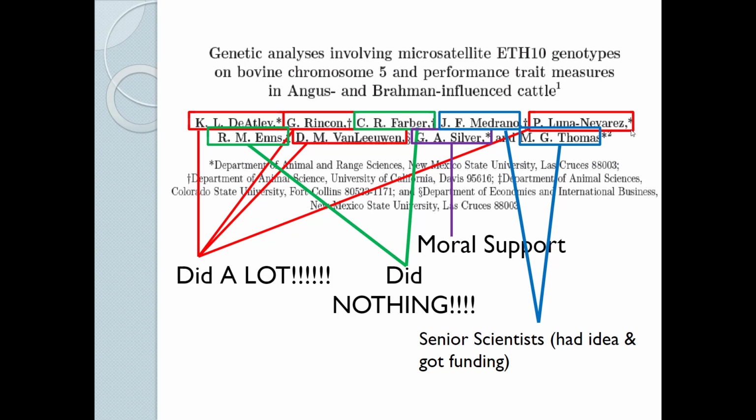And then the last author typically is the corresponding author or the advisor to the graduate student, and that was Dr. Thomas. So these two were senior scientists. They had the idea that got me started, and they also got the funding. And so it's important to make sure that you include all of those really important people in an authorship, but the location and the placement of their name can vary.